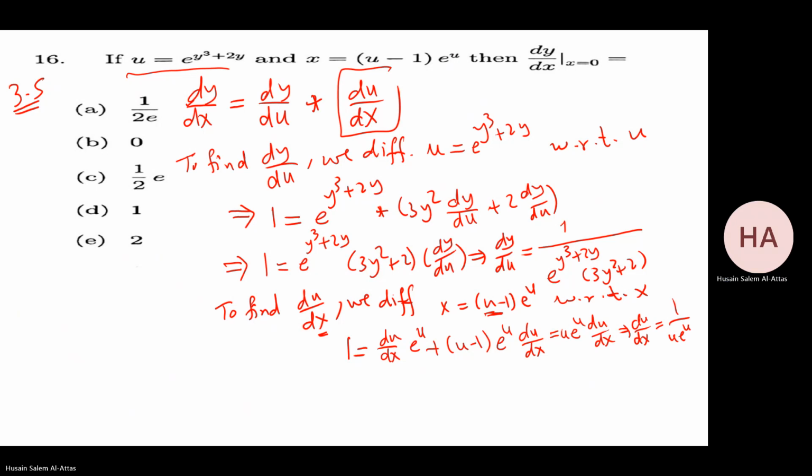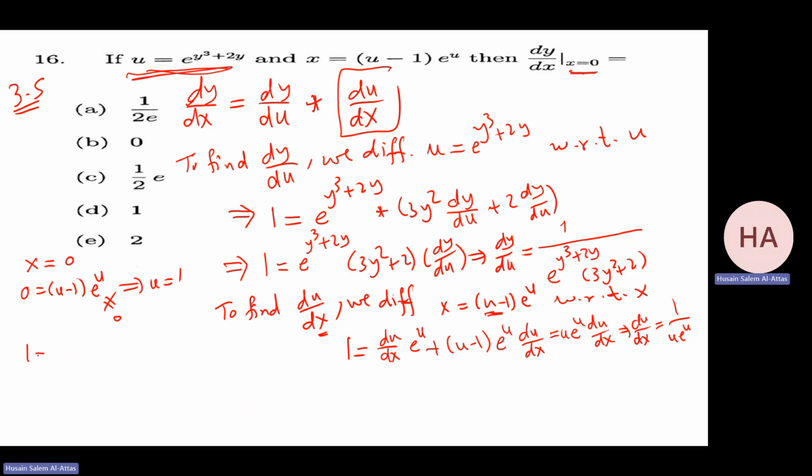Okay. Now dy by dx, or before that, let me do this. I have x equals 0. I want to check if x equals 0, what will be u? X equals 0, so I have 0 equal u minus 1 e to the u. This is impossible to be 0, that implies u equal 1. Now substitute here.